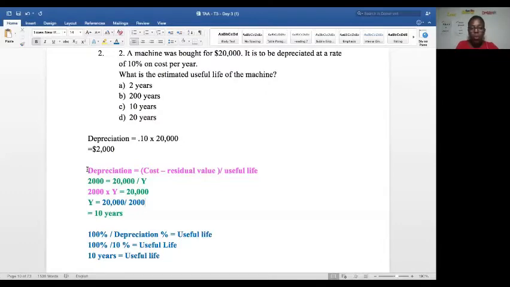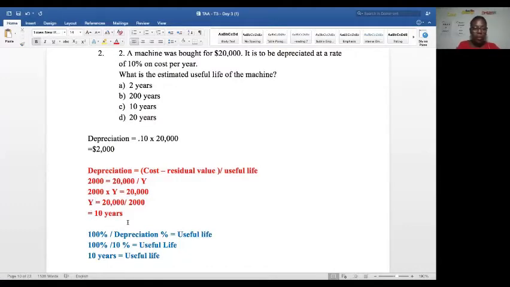Or you could do what I did before here, which I'm highlighting in red, and actually work it out. This is the logic behind just taking the cost and dividing it by the amount of depreciation per year, right? So what you see on the screen in red, that is the logic, that is the steps for it. Some person may tell you just take the 20,000, which is the cost, and divide it by the amount of depreciation per year.